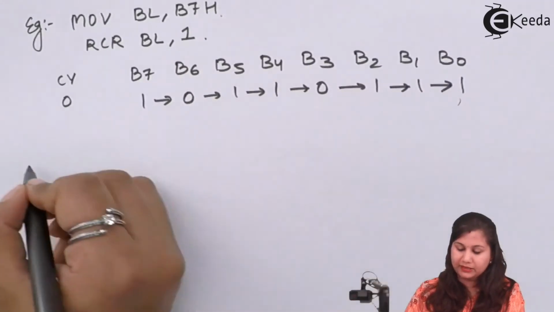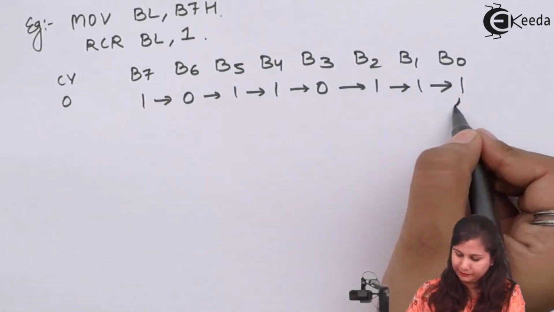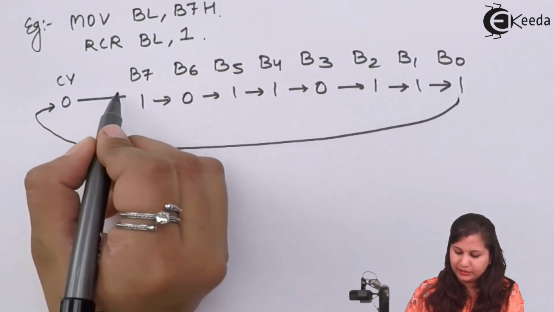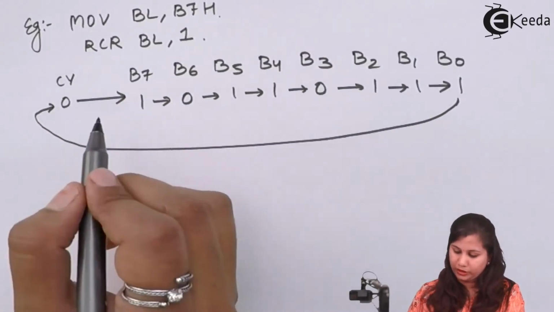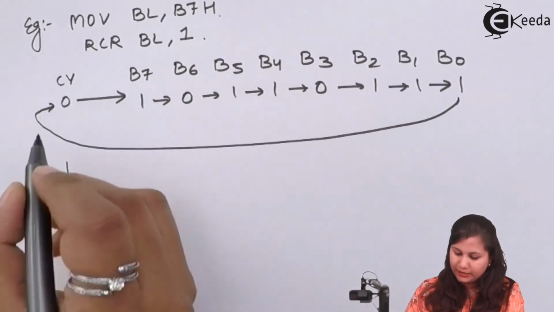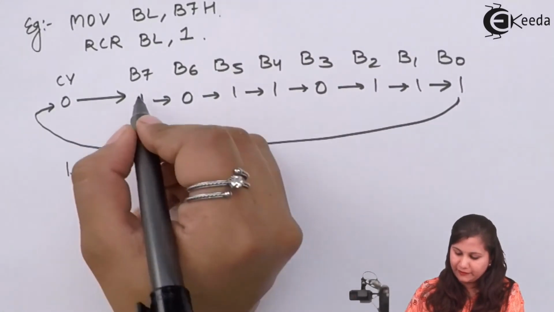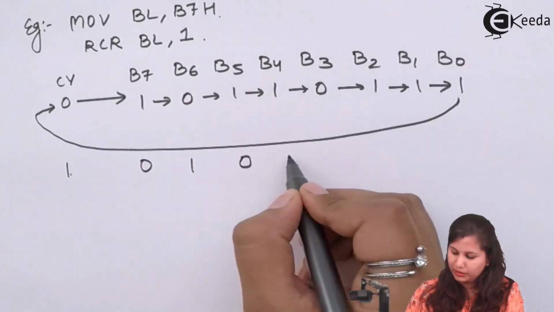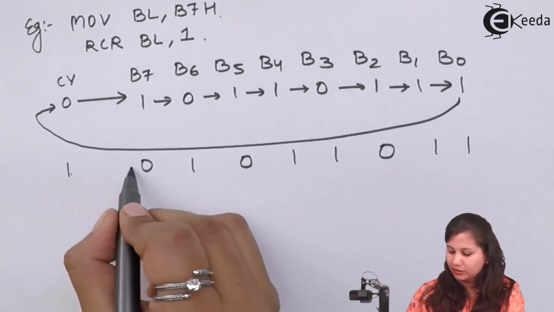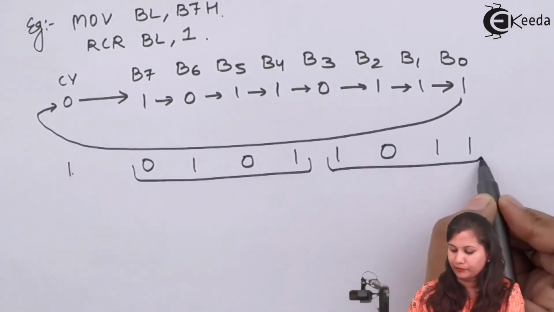LSB will be placed in the carry flag and carry flag will be placed in the MSB. Okay, so now the new contents will be carry flag has become 1, 0 will be placed here in B7, then 1, 0, 1, 1, 0, 1, 1. So this is the new contents.